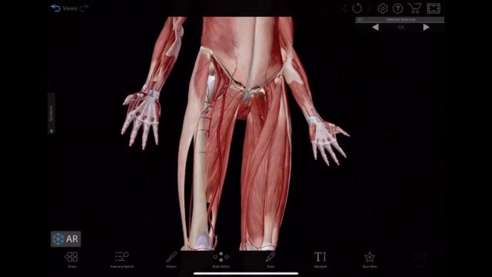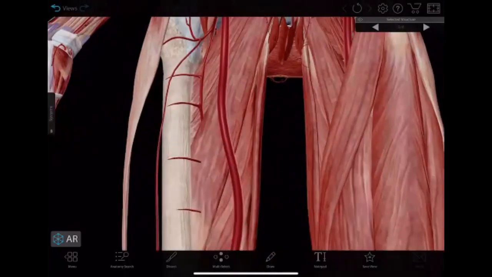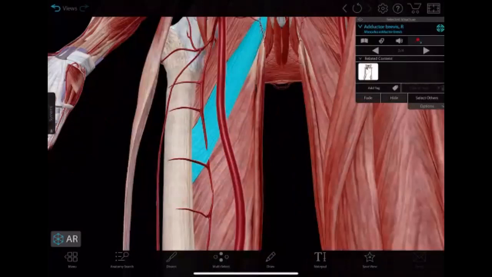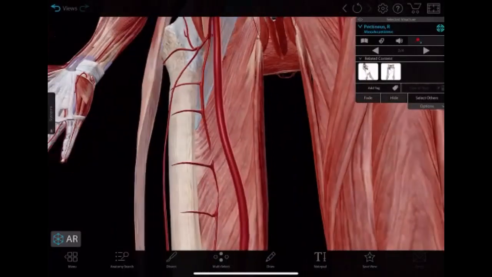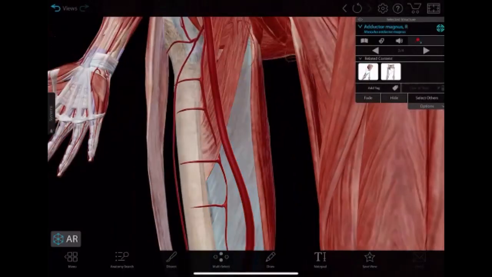We added some muscles here. This is the adductor longus. If we hide that, that is magnus, this one is brevis, and this one is pectineus. So how are they piercing the adductor magnus?